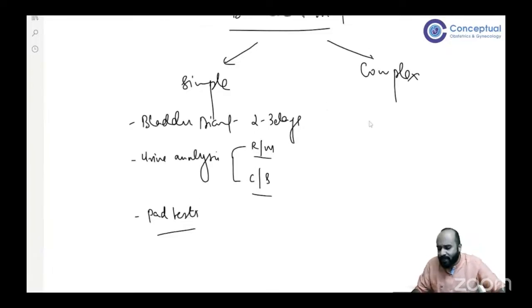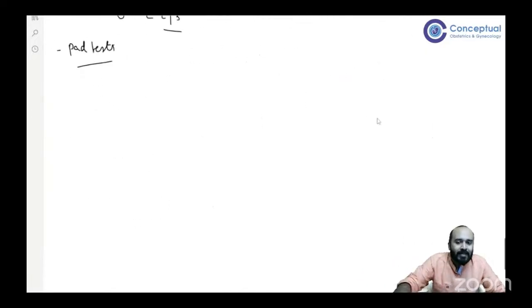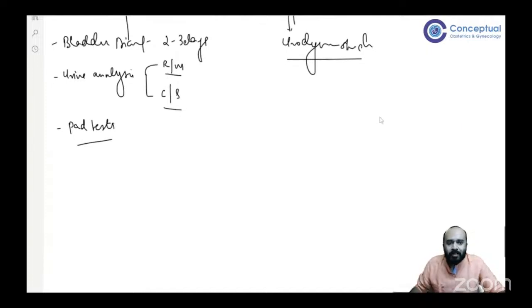The next set of tests are going to be my urodynamic studies. These are a bit complex tests and they are not as simple as I just mentioned. So in urodynamic studies, I may have to do simple tests and complex tests.